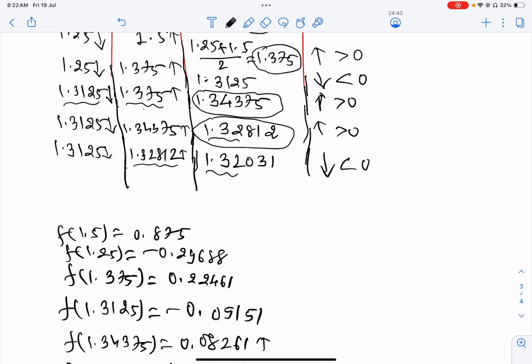So now the root lies between 1.32031 and 1.32812, and find the midpoint of this. Add these two and divide by 2. So then you will get 1.32422.